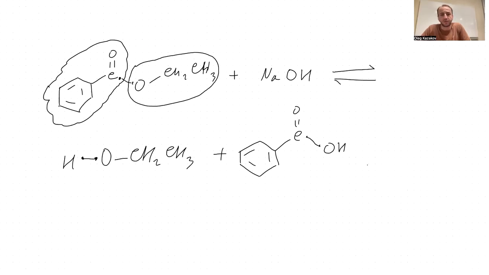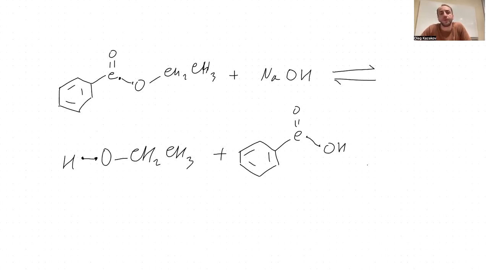Well, turns out you will have the following things, right? So let's see what we're going to show here. Here we go. It's going to be a little bit different circling in this case. So we are going to form the salt of the respective carboxylic acid, and we're going to form the alcohol, right?